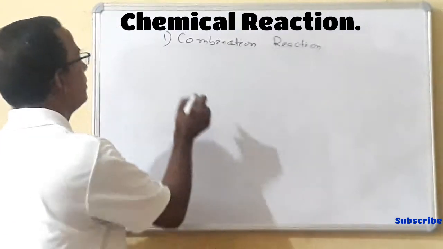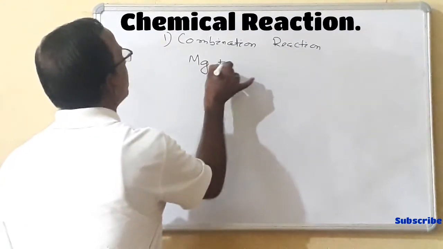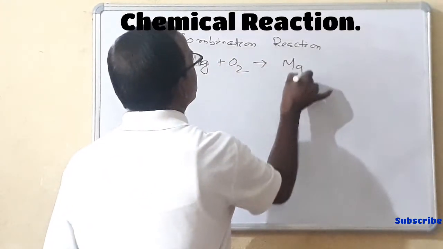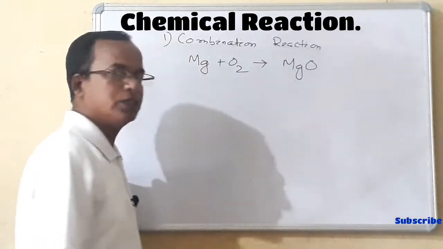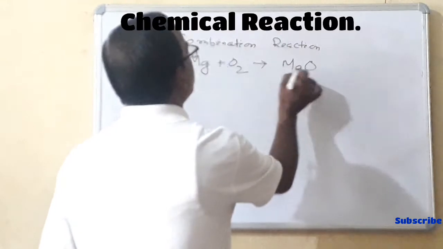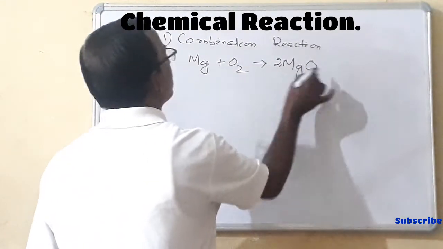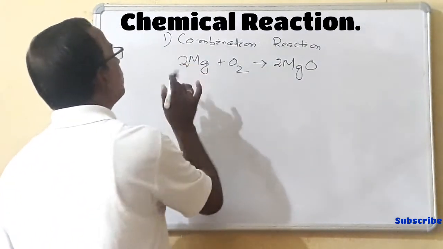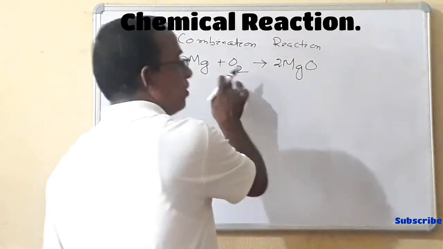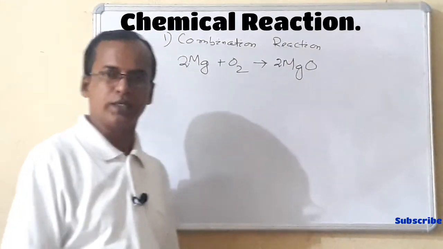So Mg, magnesium, plus oxygen, when the magnesium ribbon is burned in oxygen, it produces magnesium oxide, MgO. To balance it, 2 is multiplied here, so the magnesium reacts with or bonds with oxygen to form magnesium oxide.